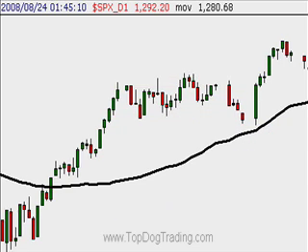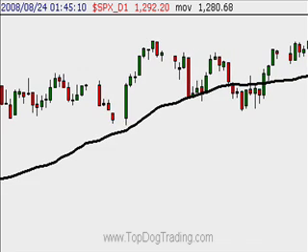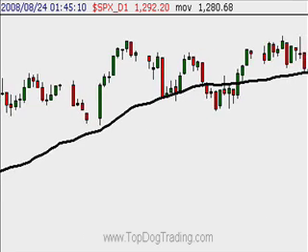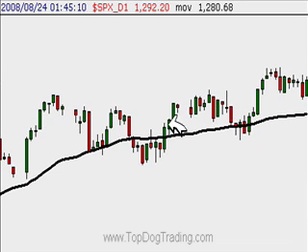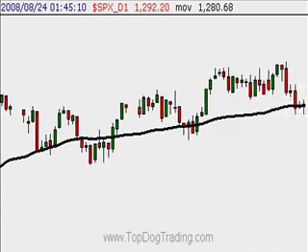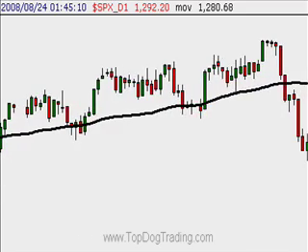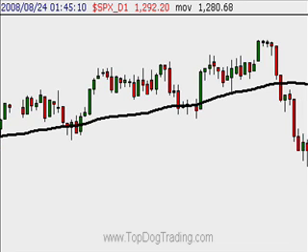So let's continue to follow it. Notice too how the 50 MA provides support in the market. So it'll come down to that level and then it'll bounce off. So again, we get some sideways movement, but the overall general direction is up. And it's very, very important to know which side of the market you would rather be on, up or down.